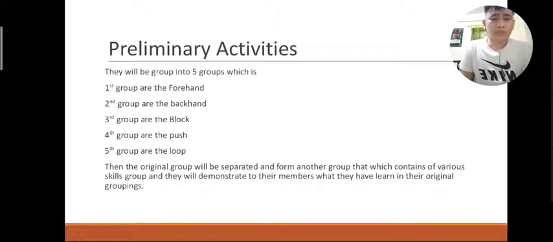Then the original groups, which are their specialization groups, will be separated to form new groups that contain various skills, and they will demonstrate to their new members what they have learned in their specialization groups.